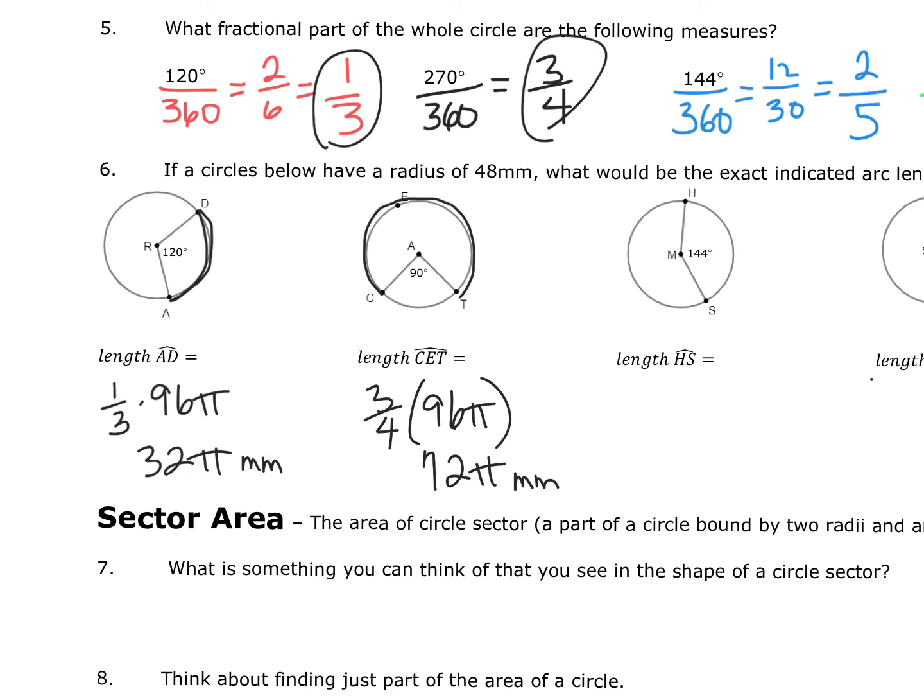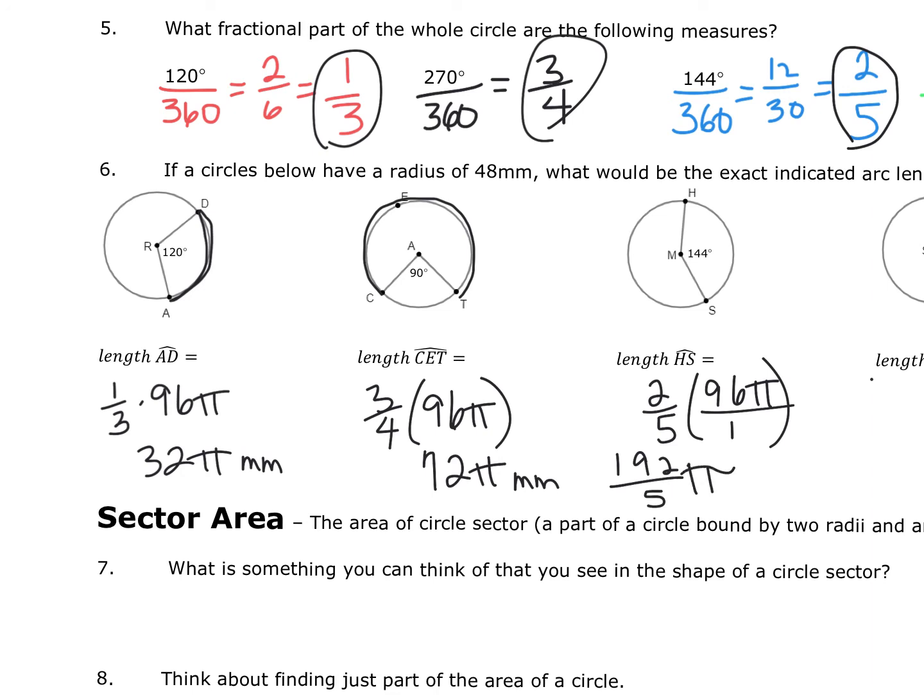The next one, we have 144 degrees. We know that's 2/5. So 2/5 times 96 pi. Remember when we do fractions, we multiply straight across, so that is 192 over 5, with pi. That cannot be reduced, so we could say it is about 38.4 pi.